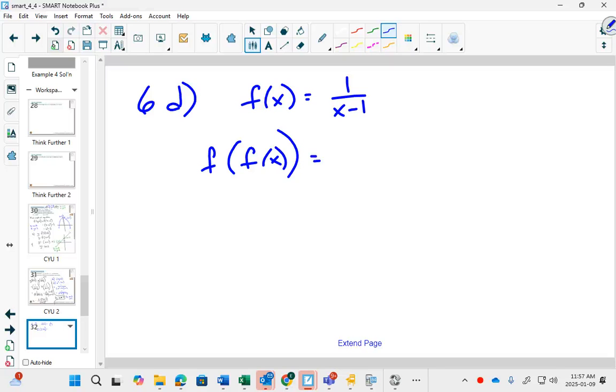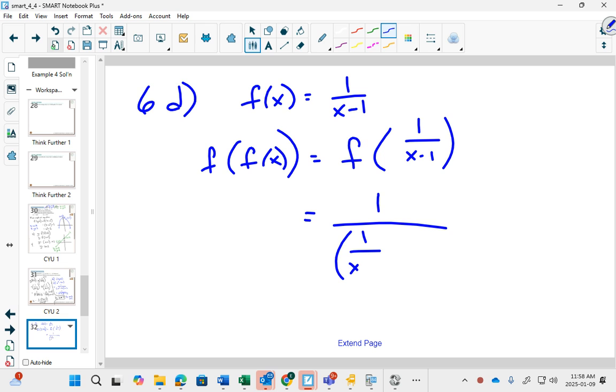So first of all, f of x is 1 over x minus 1. And so f of f of x would be 1 over, and whatever the x is gets replaced with 1 over x minus 1, minus 1. So we have to review, how do we deal with fractions inside of fractions? The main strategy we used was, can you get a single fraction in your overall numerator and a single fraction in your overall denominator? And the answer is yes.